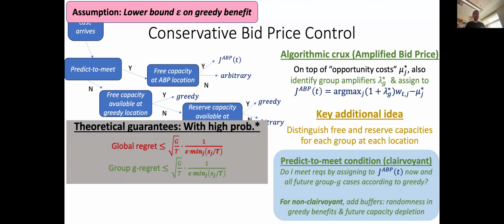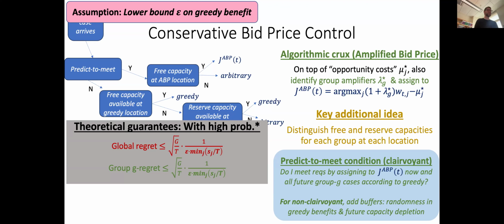So we're trying in this algorithm to complement the amplified bid price control through greedy assignments for a given group, or for any group. It should be the case that getting assignments greedily should somehow help. And that is what this lower bound tries to capture.